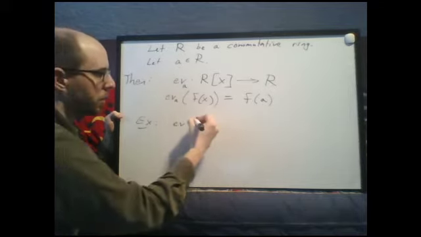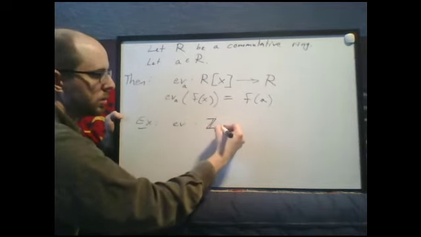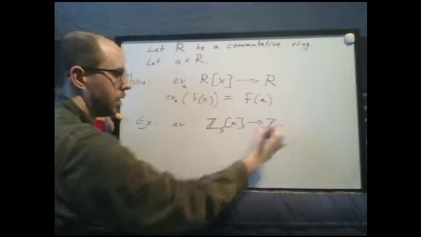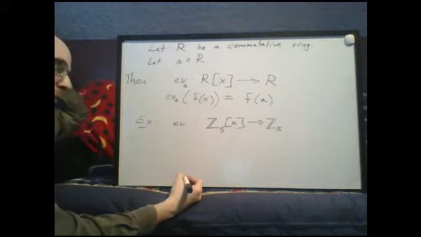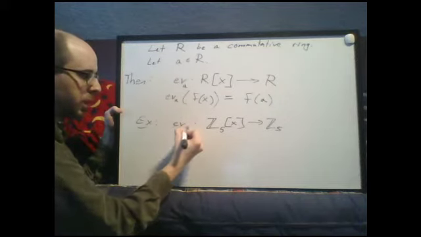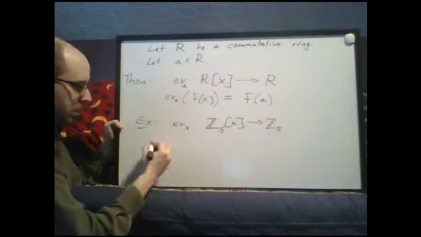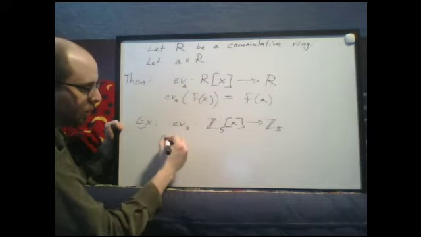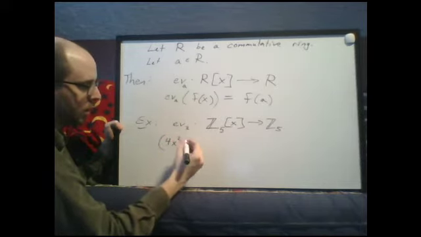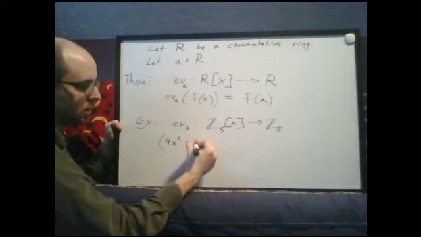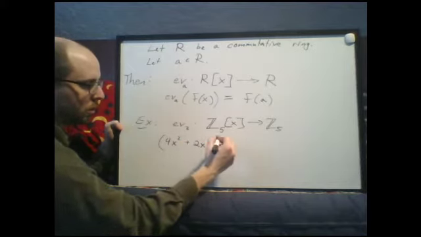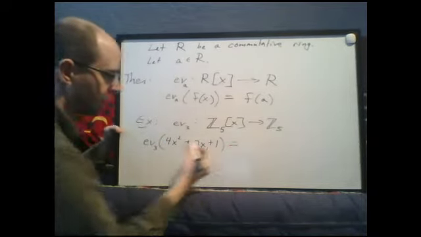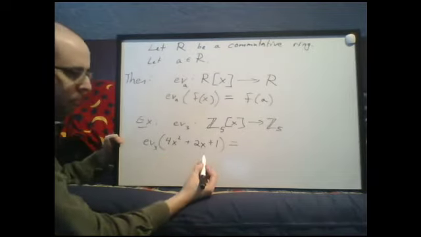So we'll go from Z5[x] to Z5, and I have to pick a number from 0 through 4, so let's say 3. So let's take a polynomial in Z5[x]. So we'll say 4x squared plus 2x plus 1. EV3 of that, we're plugging 3 in every place of x.